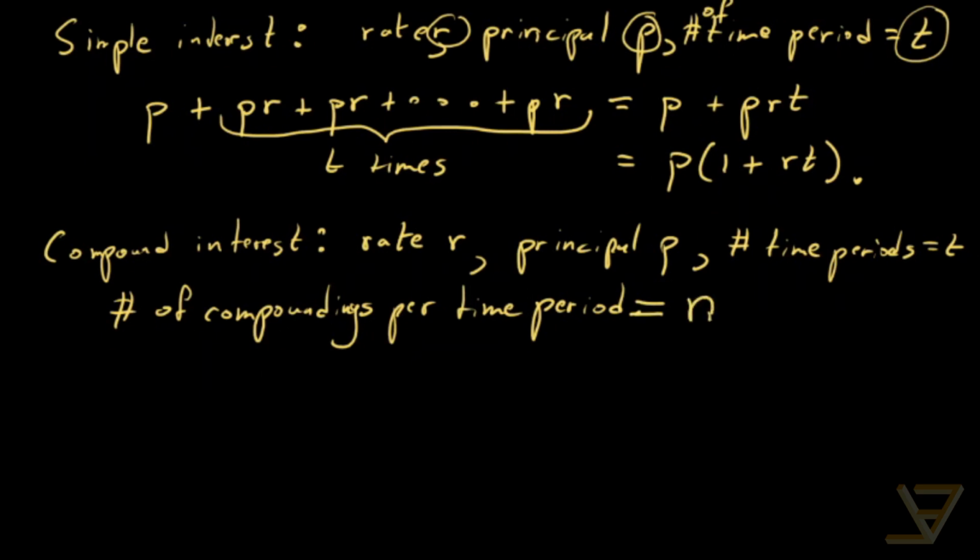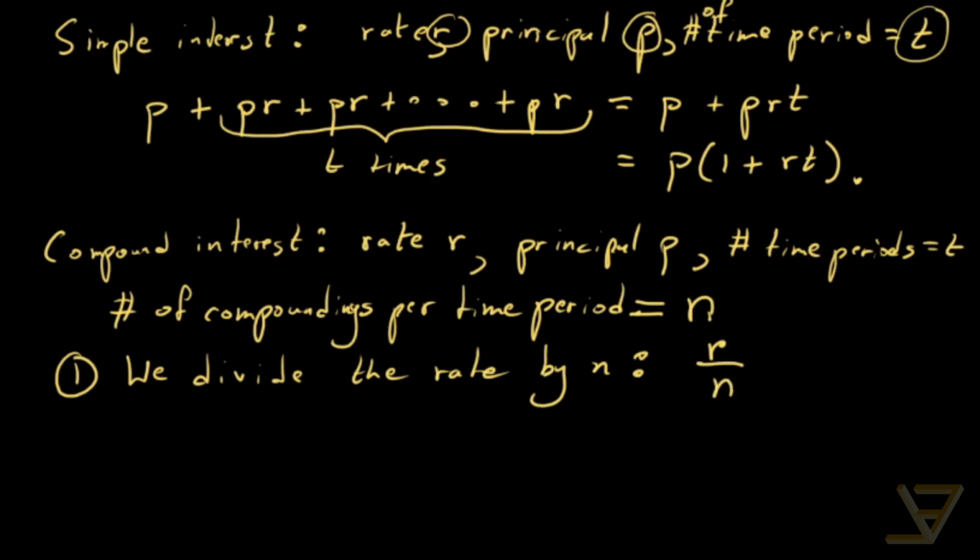So here's how compound interest works. There are two components. One is that we divide the rate by N. So we get R over N is the rate. And so that's a sort of pull in a downwards direction of the amount of money that you get back.